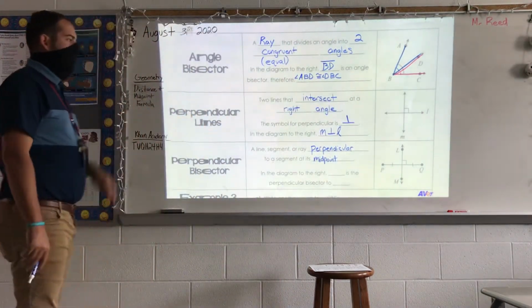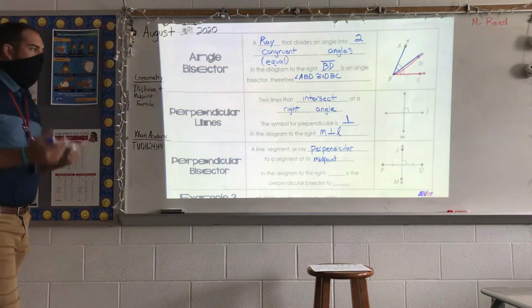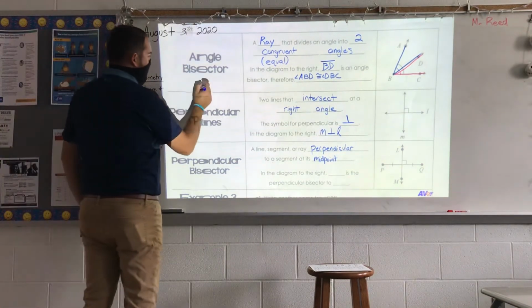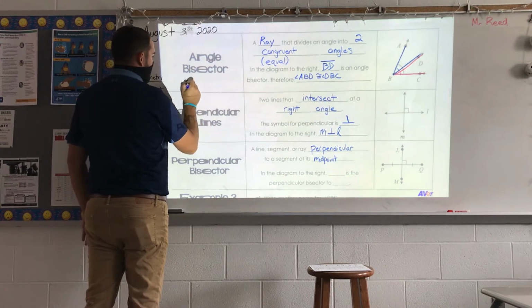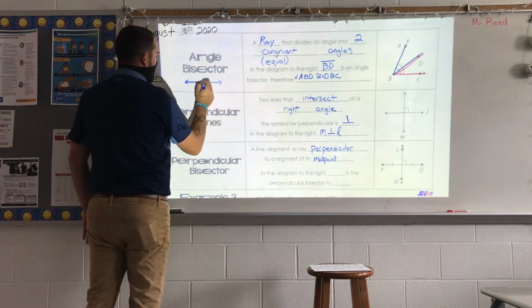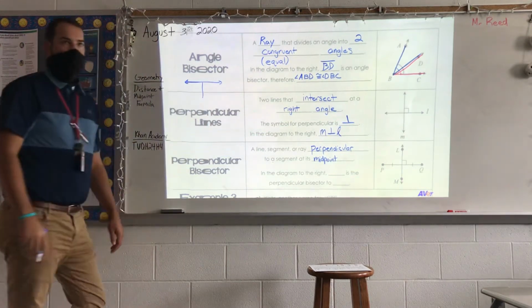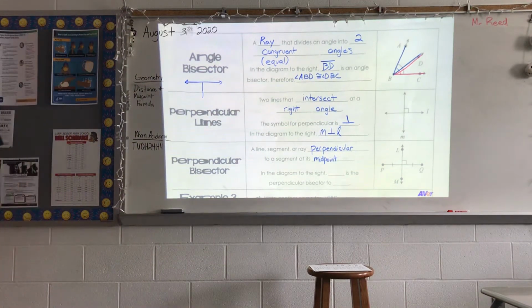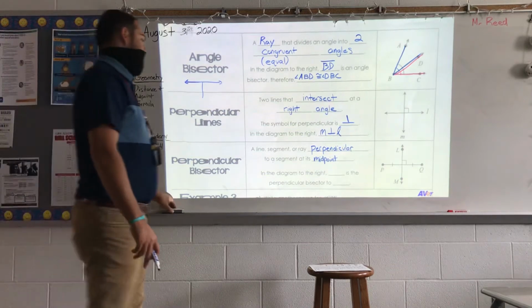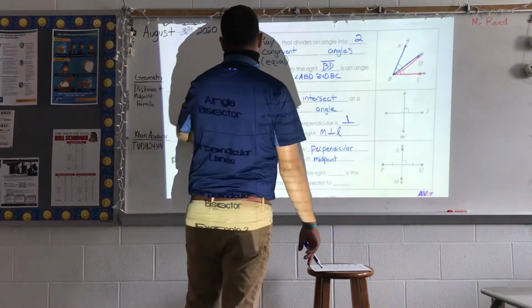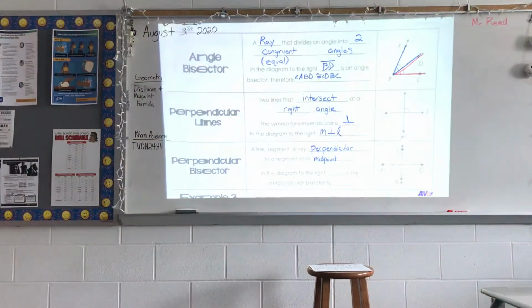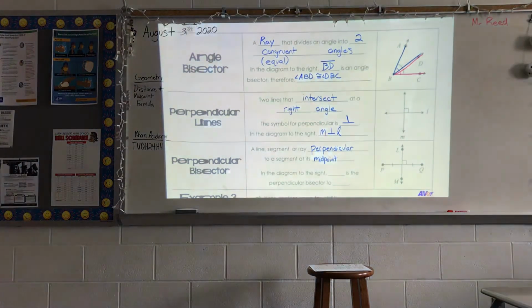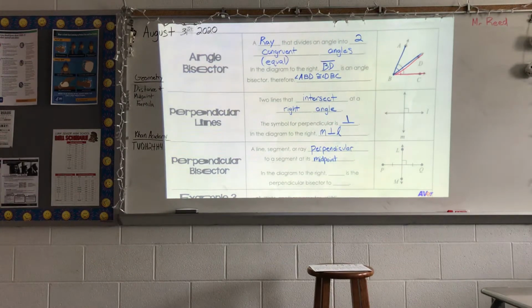A perpendicular bisector does not have to keep going. It could look like this, where it's a segment with a line. It could be a line that goes this way and something that comes down off of it like that. Okay? The difference is a bisector includes line segments, rays, or a line. So a perpendicular bisector could be a perpendicular line. And that's confusing, but it is what it is.